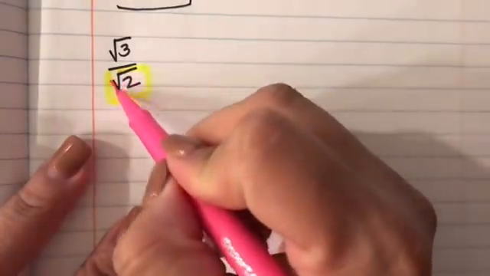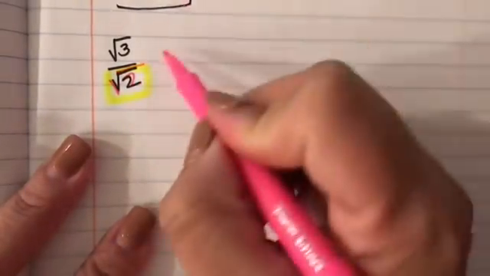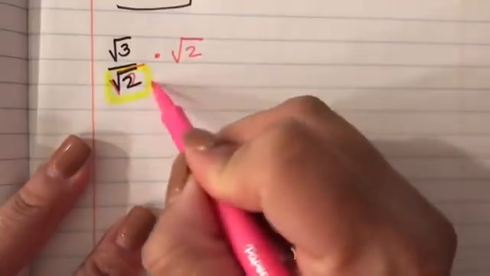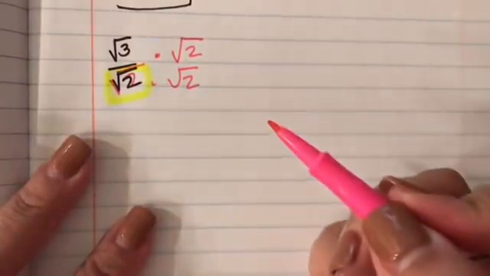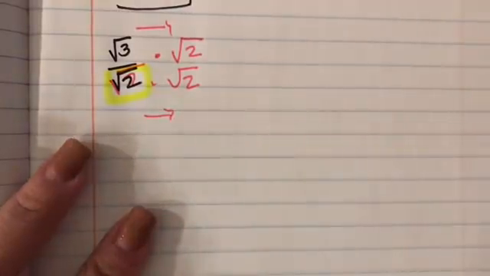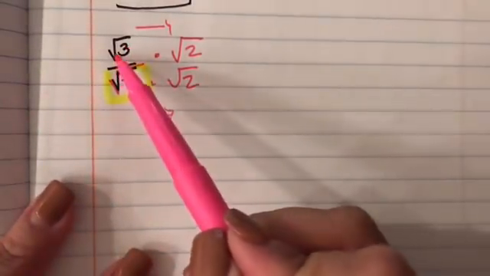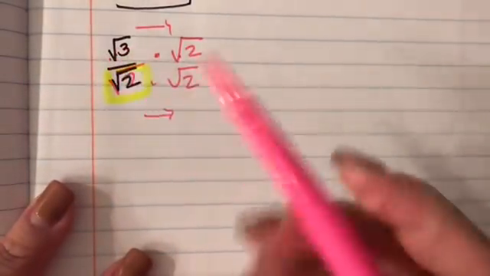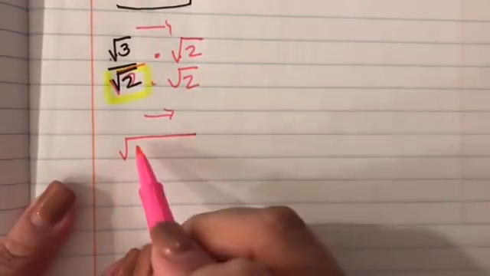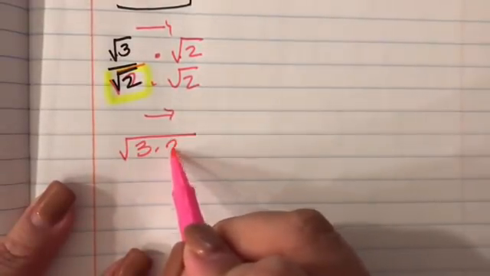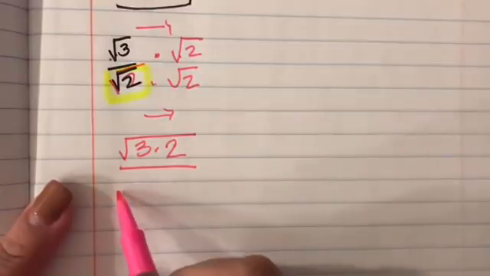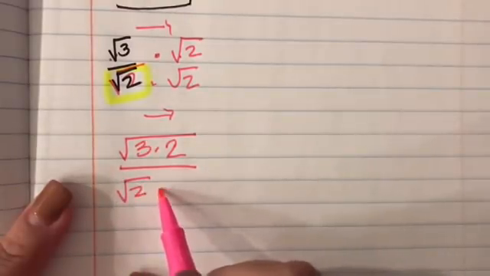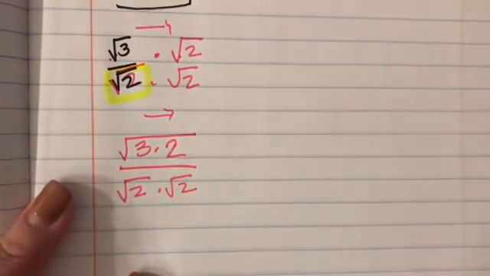So I'm going to take radical 2 times radical 2 when we multiply going across. But the difference is that because these have the same index, or the same root, we can now say radical 3 times radical 2 over radical 2 times radical 2.